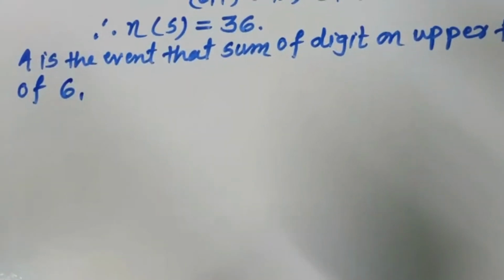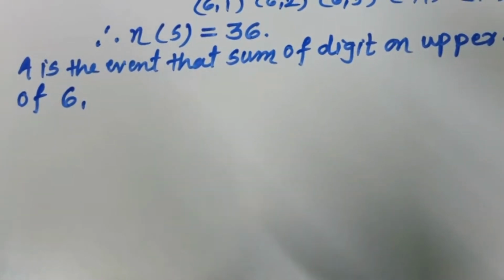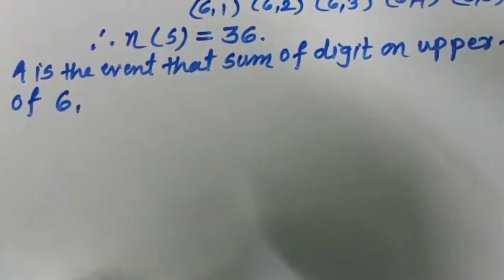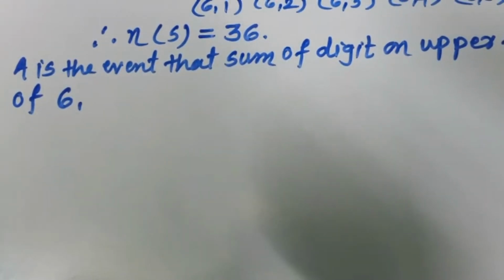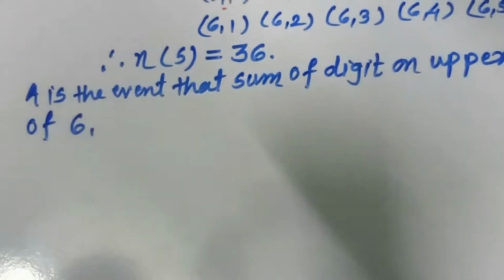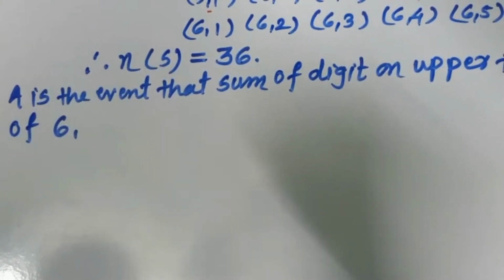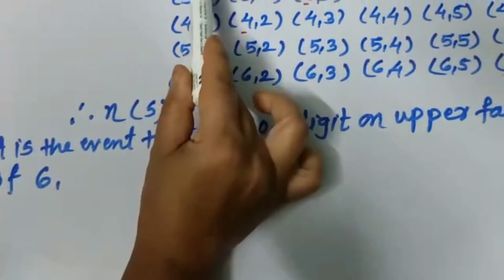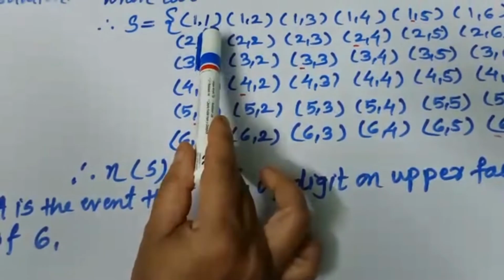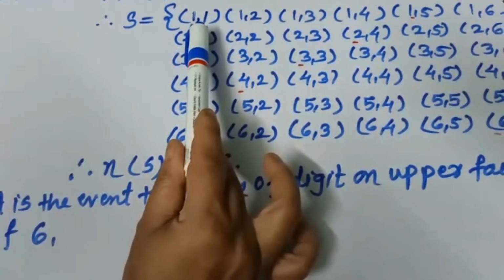So which numbers are multiple of 6? The numbers which come in the table of 6. Correct? Means in the 6 times table, those numbers are multiples of 6. The sum of digits on upper faces is a multiple of 6. It means here we have to take the sum of every two numbers in that bracket and check whether that sum comes in the 6 times table or not.